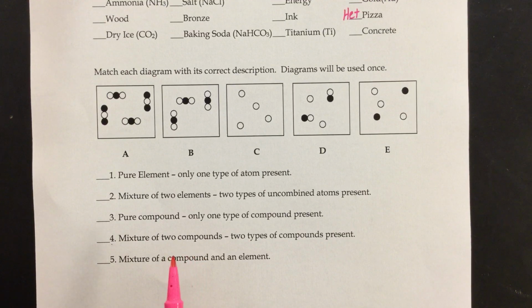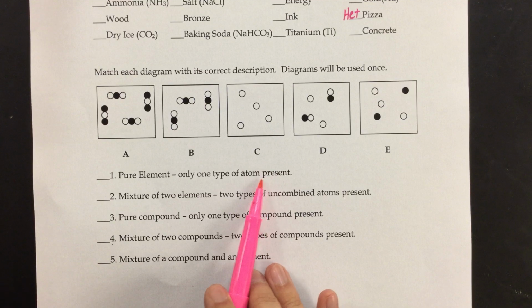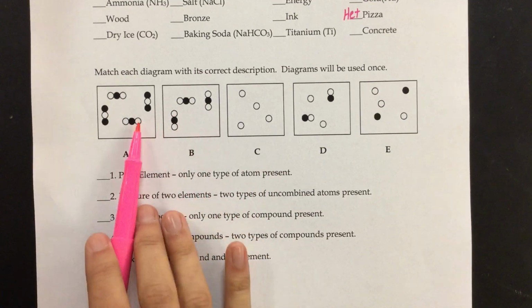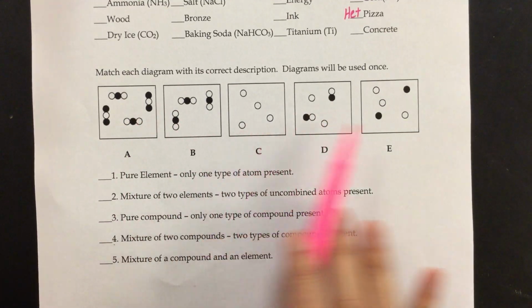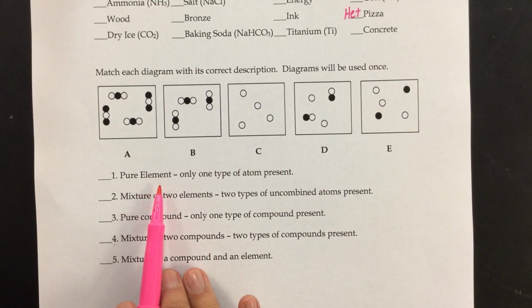Okay, so for example, maybe I'll do the first two. We'll do pure element. Only one type of atom is present. So I know it's not these because these have compounds. This one also has a compound. These two have elements, I see. So for a pure element, there's only going to be one type.